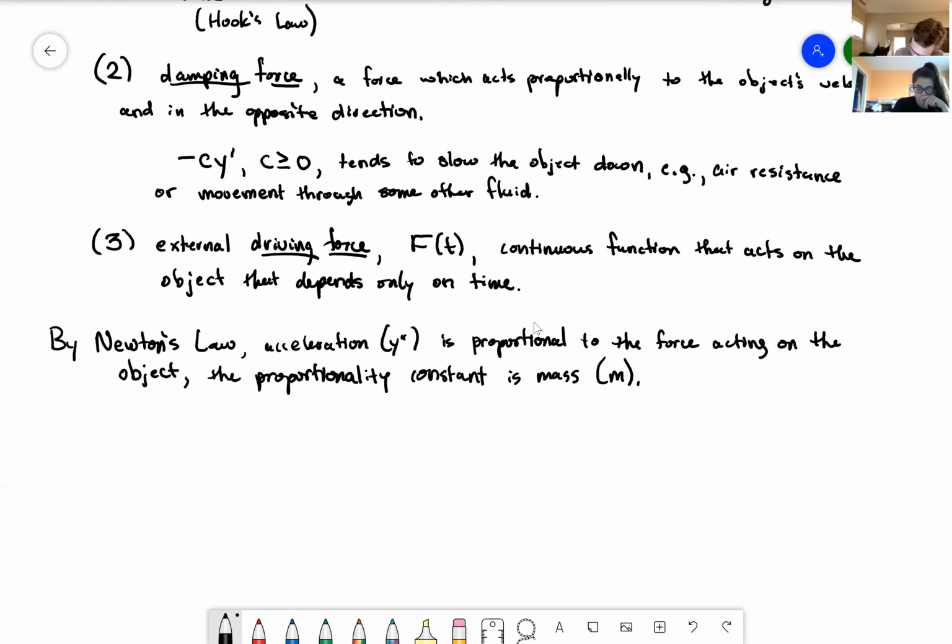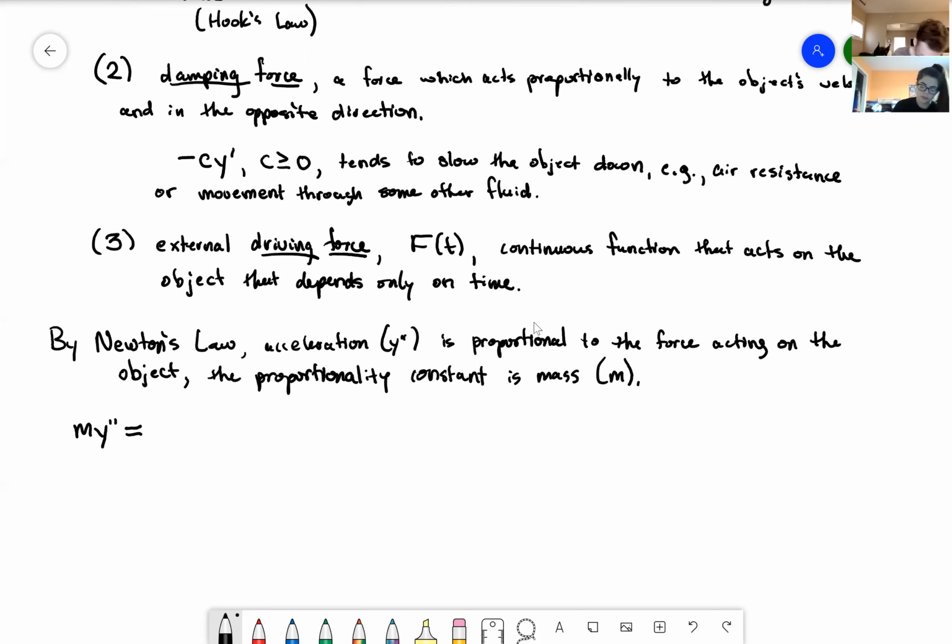So the way we can write all this is on the one side, we will say that this is the mass times acceleration. So this will represent all of the forces that are acting on the object and their proportional relationship to the acceleration of the object. So there's mass times acceleration.